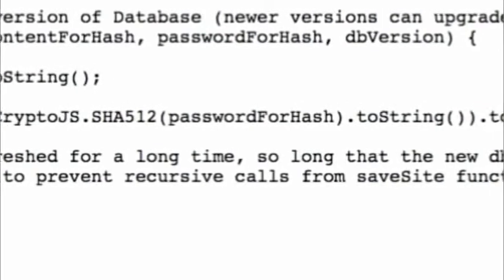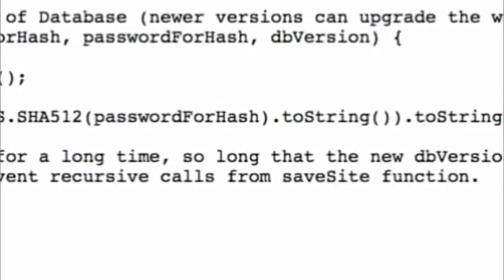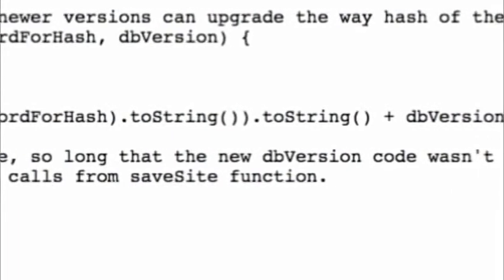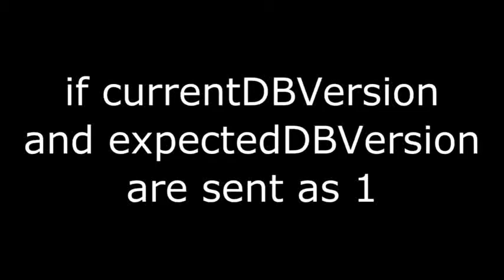Sending DB version as 1 would make the vulnerable hash function execute, which results in the security being compromised, because if DB version is sent as 1, the vulnerable hash function is executed, and that means anyone who knows what text is existing on a particular link can change the text on that link, and they can also change the password of that link without actually knowing the actual password of that particular link or site.